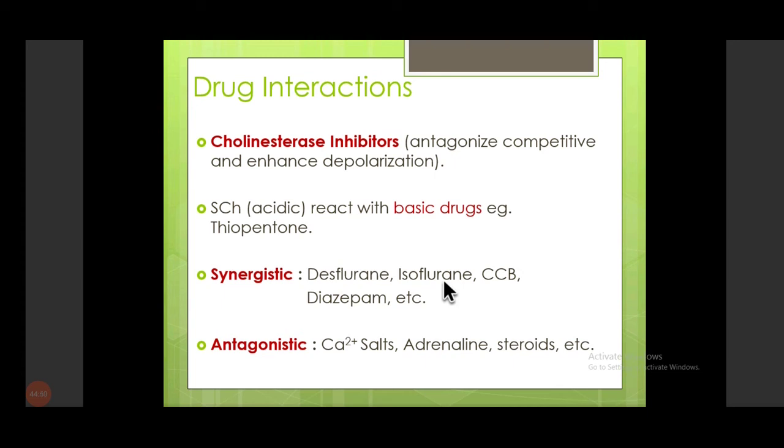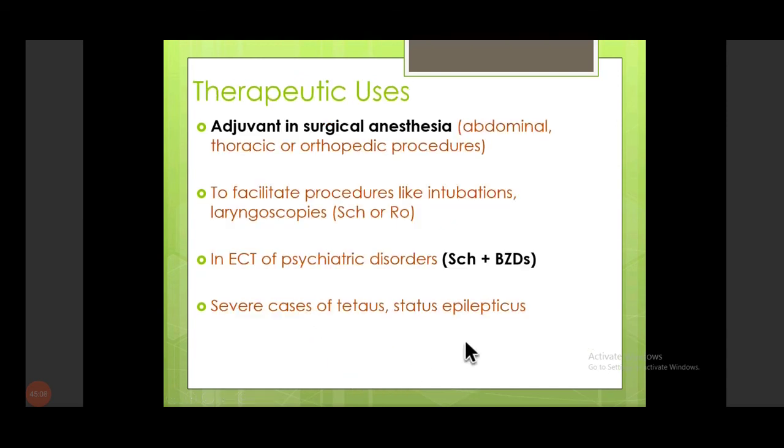Calcium channel blockers and diazepam all have a subsiding effect on the nerve muscle junction and would add synergistically to the depolarizing blockers. Antagonistic combinations include the use of calcium salts, adrenaline, and various steroids.